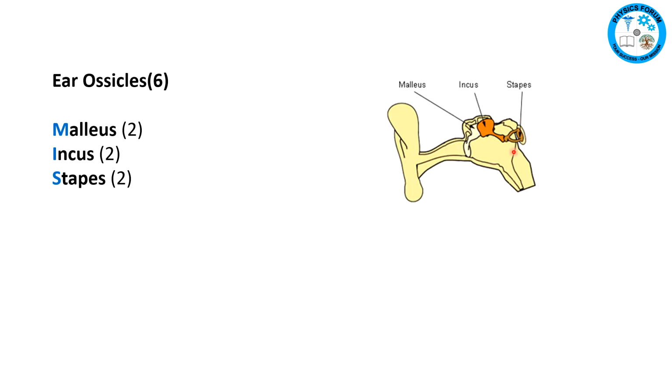They are actually present in the middle ear cavity and not visible from the outside. We can also use a mnemonic here to easily remember the names of the ear ossicles. Mango ice cream is sweet. Malleus, incus, stapes. Mango ice cream is sweet.